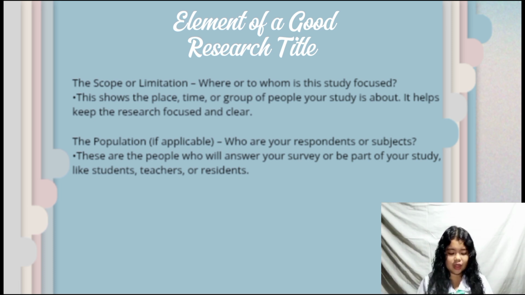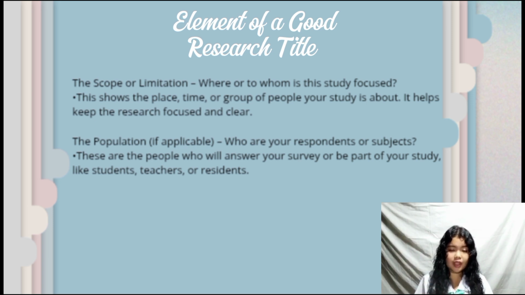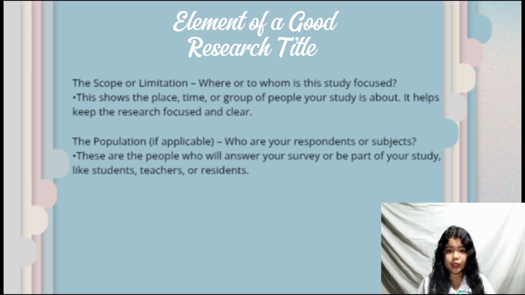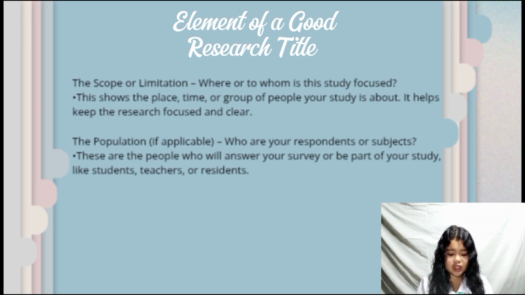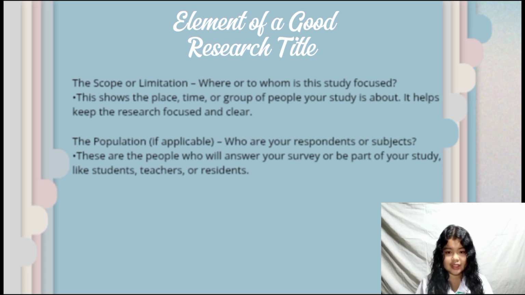Another element of a good research title, lastly, the population. If applicable, it's not that necessary. It depends on your teacher. The population. Who are your respondents or subjects? These are the people who will answer your survey or be part of your study, like students, teachers, or residents.